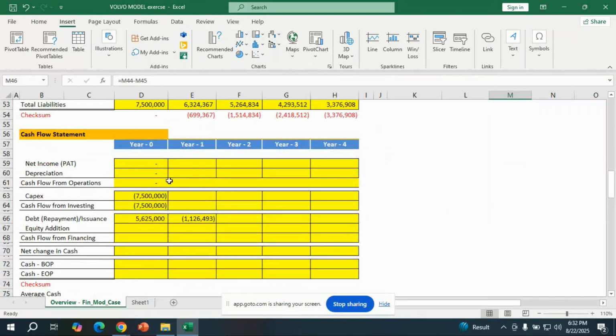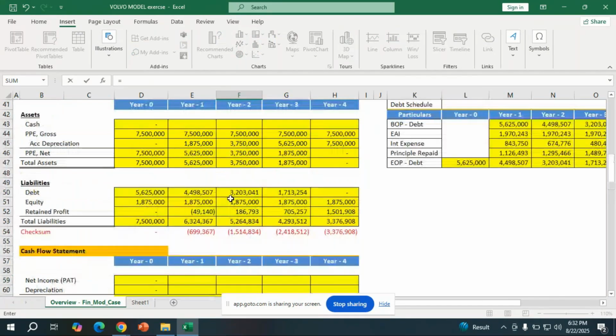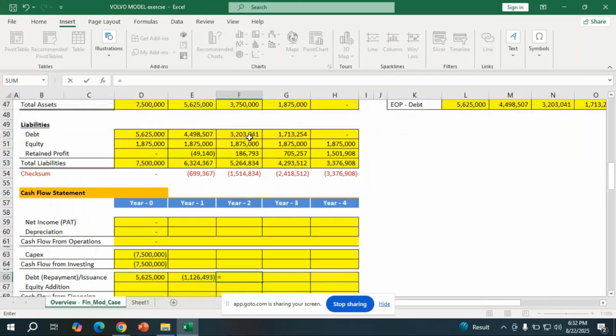Yes, ma'am. Okay, so now again the same thing: equals to your current year debt minus your previous year debt, which you keep on doing in your calculations.